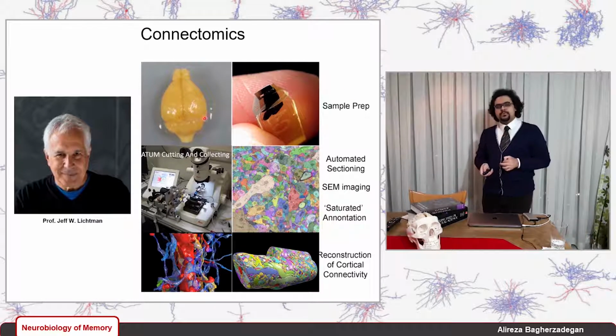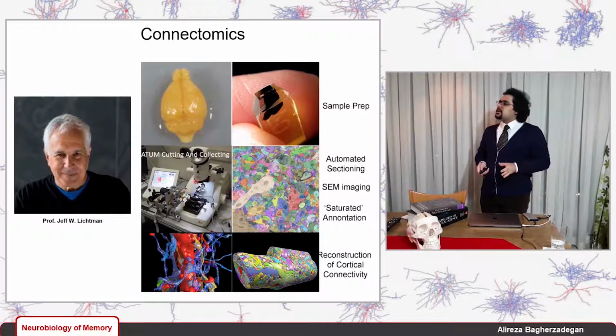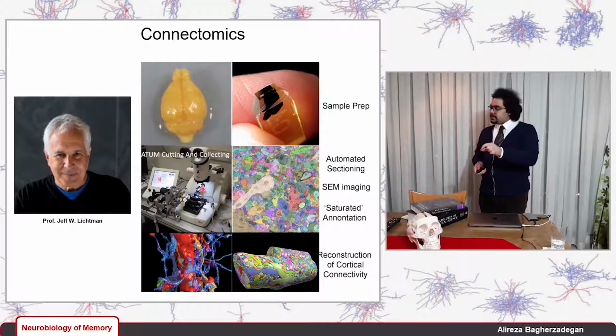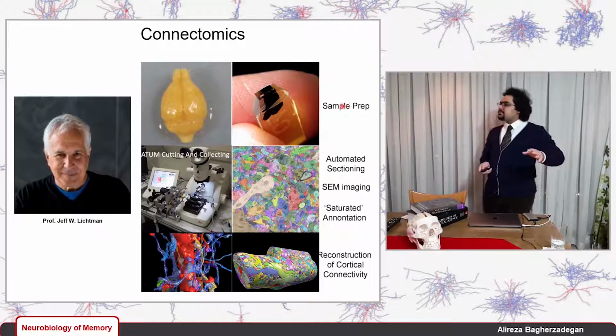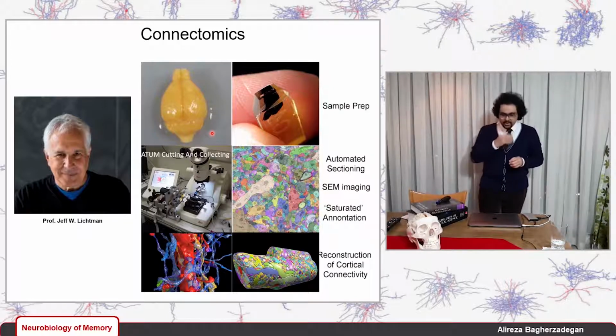First of all, they prepare some samples for electron microscopy. But because their sectioning for sample preparation is done automatically, this is the device, the ATUM cutting and collecting device. This device automatically cuts and collects the slides or samples or slices.